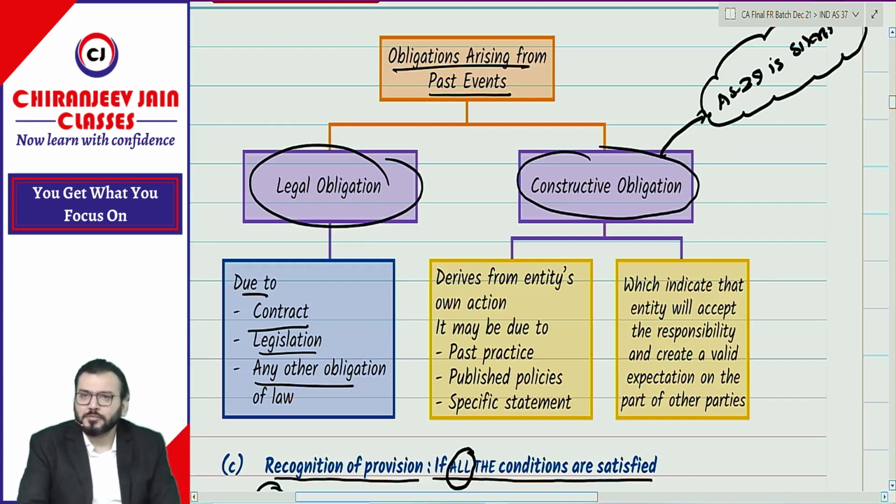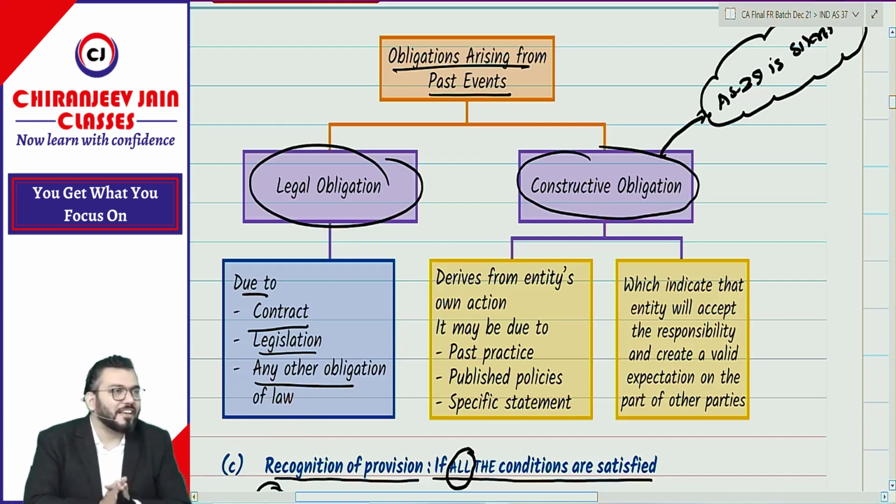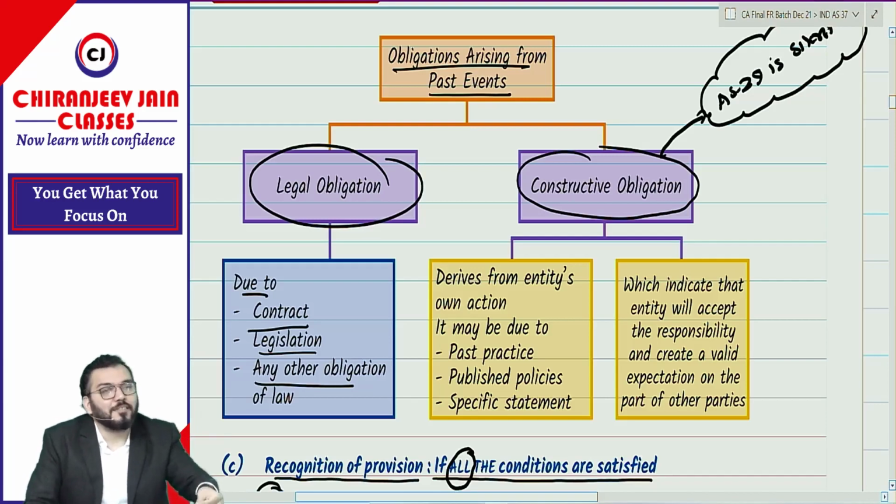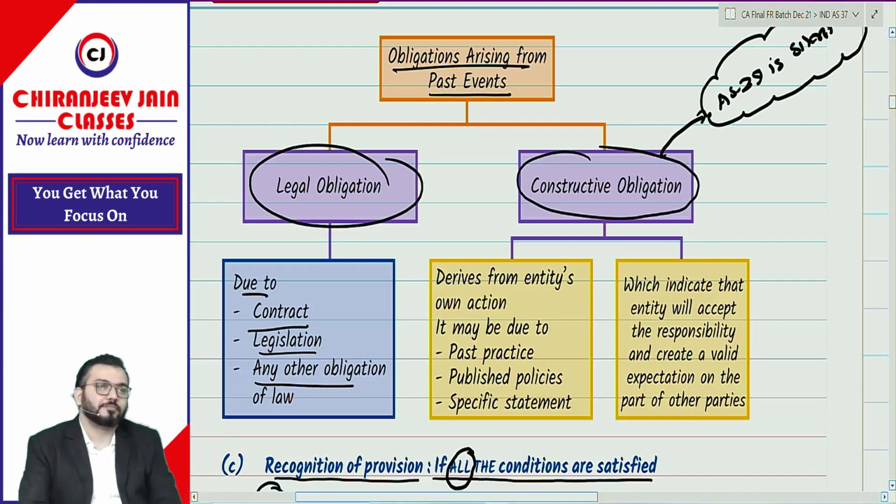An announcement does not mean a contract, because contracts are accepted. I announce, but you may or may not accept. So announcement does not mean contract. I announce that any student who scores 90 or more than 90, I will refund 50% of the fee.